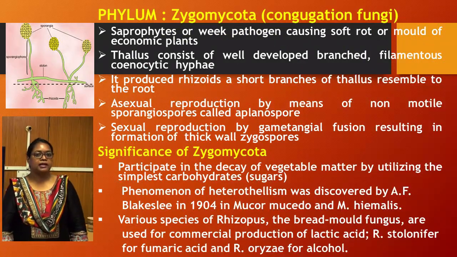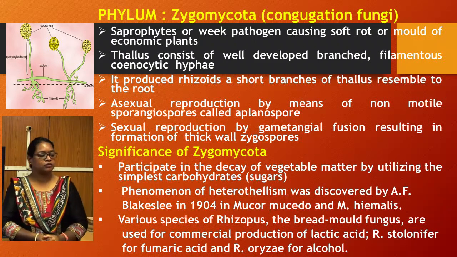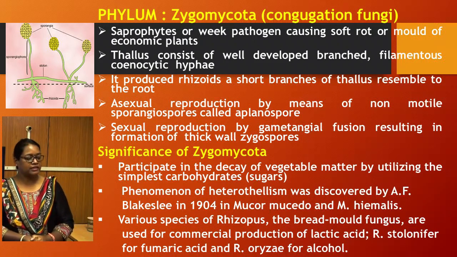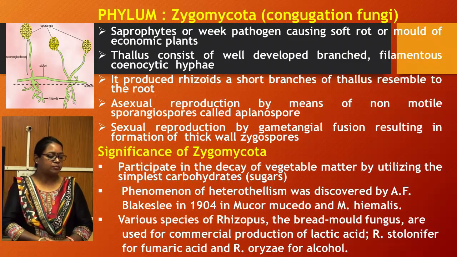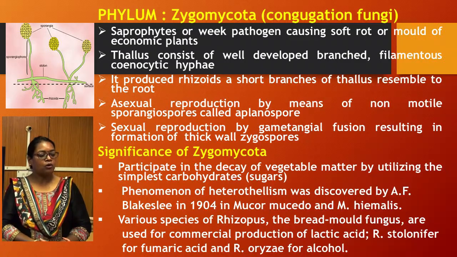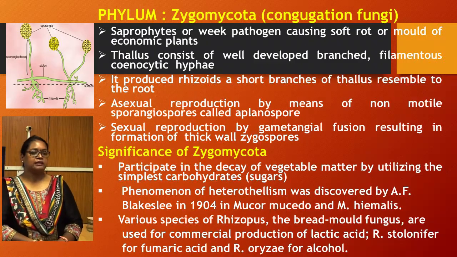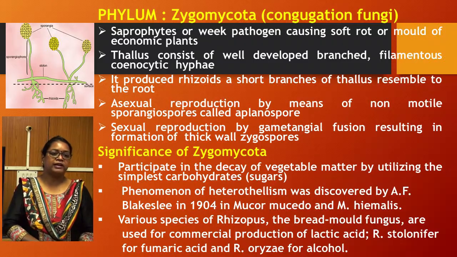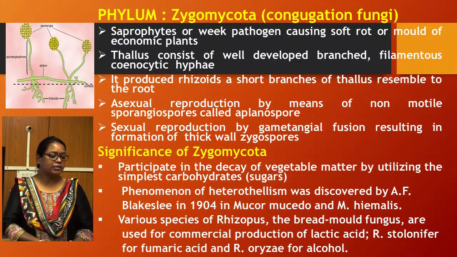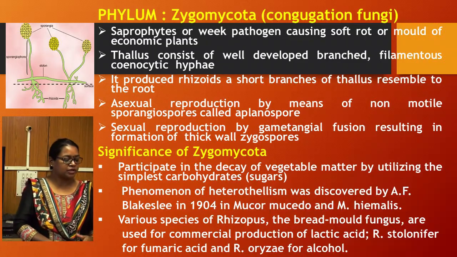Then the next phylum is Zygomycota. Zygomycota is also known as conjugation fungi. They are saprophytes or weak pathogens causing soft rot or mold of economically important plants. Their thallus consists of well developed branched filamentous coenocytic hyphae. Coenocytic means again aseptate hyphae.